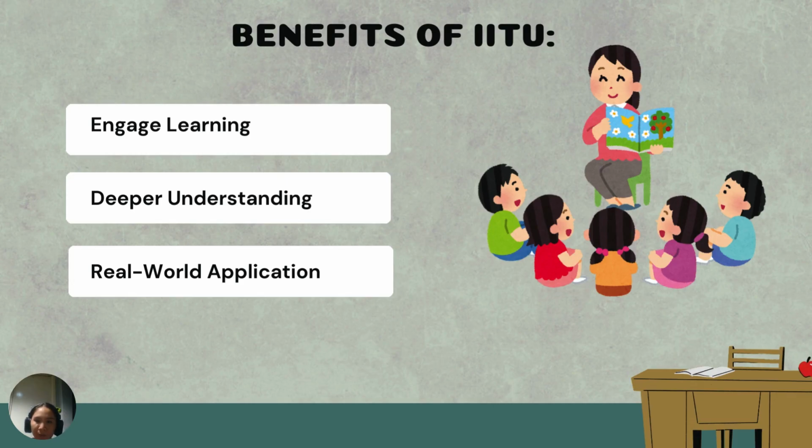Next, we have here the benefits of integrated interdisciplinary thematic unit. First, engaged learning. Students are more engaged when learning is connected to a broader theme and involves multiple subjects, so they are not only focusing on a specific subject.